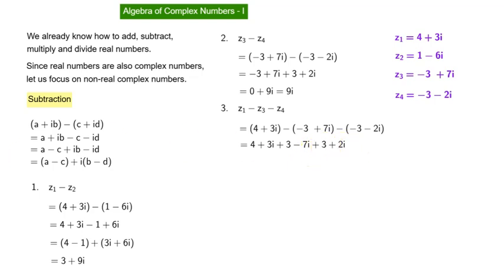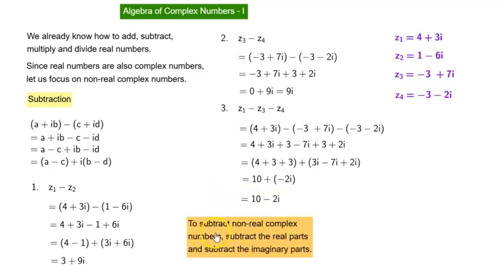Again, be careful with the signs. 4 plus 3 plus 3, and 3i minus 7i plus 2i. 4 plus 3 is 7, plus 3 is 10. 3 minus 7 is minus 4, minus 4 plus 2 is minus 2. So minus 2i. So we get 10 minus 2i. So to subtract non-real complex numbers, subtract the real parts and subtract the imaginary parts.